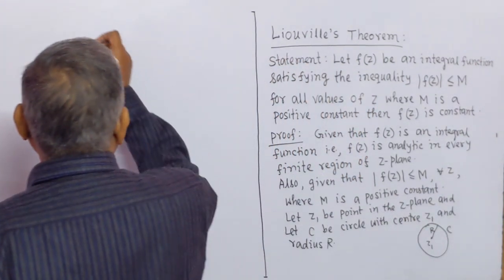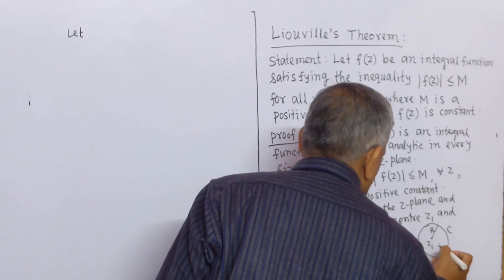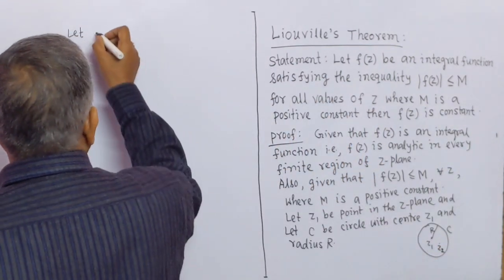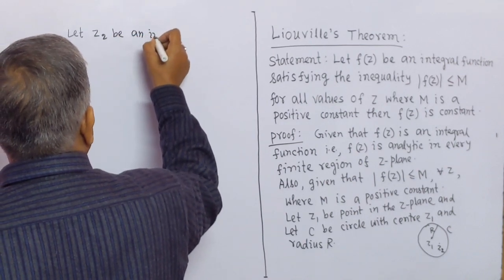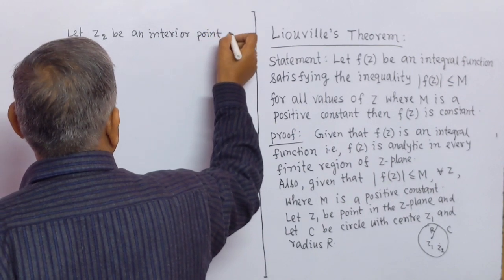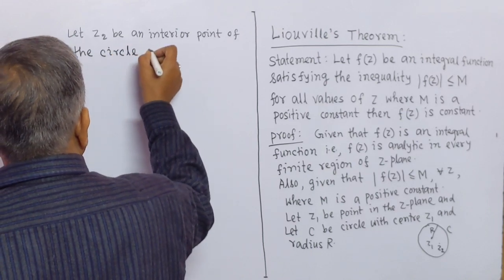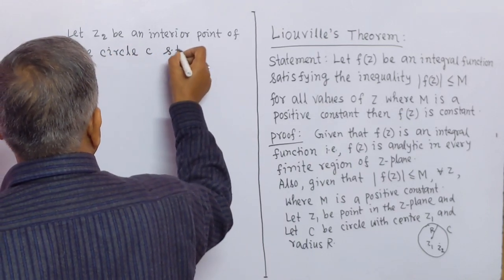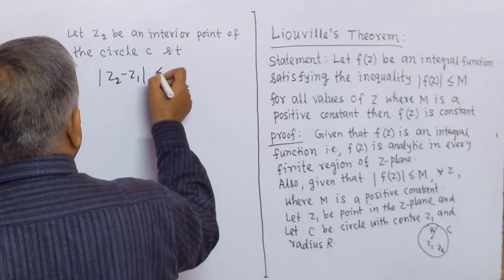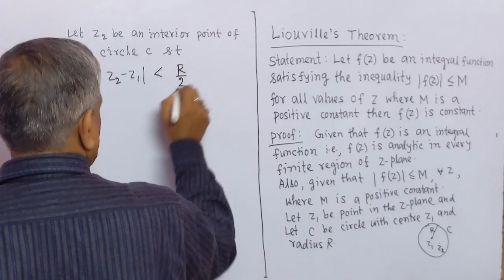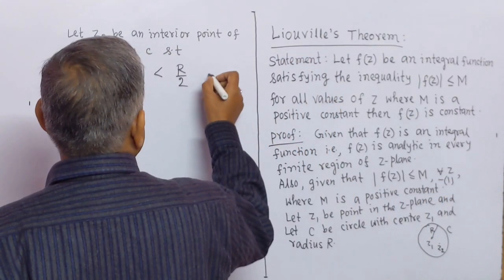Let z2 be an interior point of the circle C such that modulus of z2 minus z1 is less than r by 2. This is number 1, this is number 2.